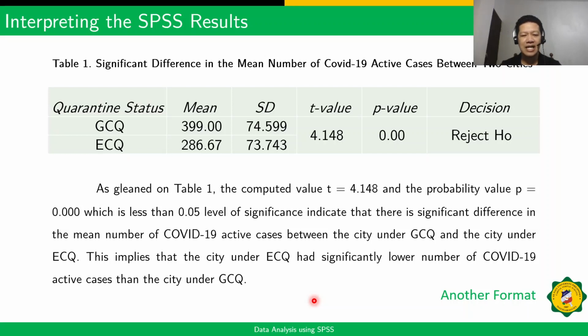This implies that the city under ECQ had significantly lower number of COVID-19 active cases than the city under GCQ.